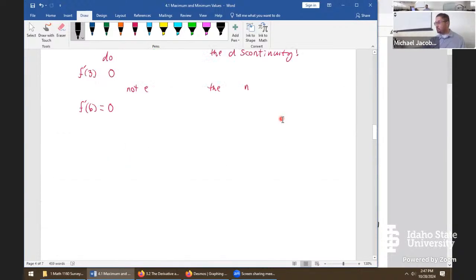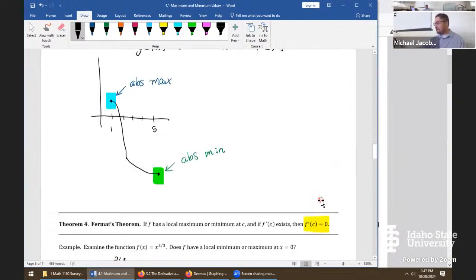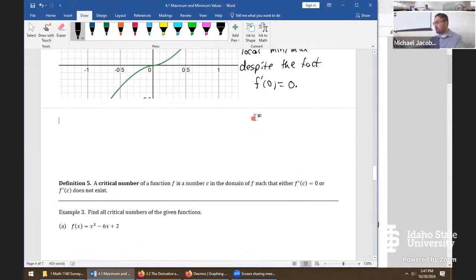Because we observe when we do find local minimums and maximums, two things always happen. The derivative is either 0 or just didn't exist. So again, that means we start looking for those values, hunting for local minimums and maximums, whenever the derivative is 0 or it does not exist. And that gets us to our major topic, the notion of a critical number.